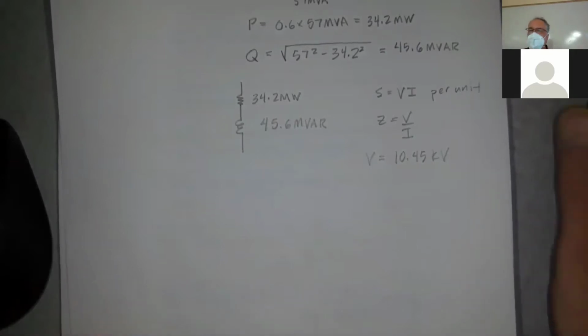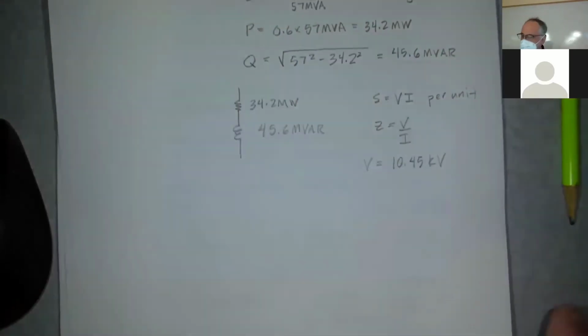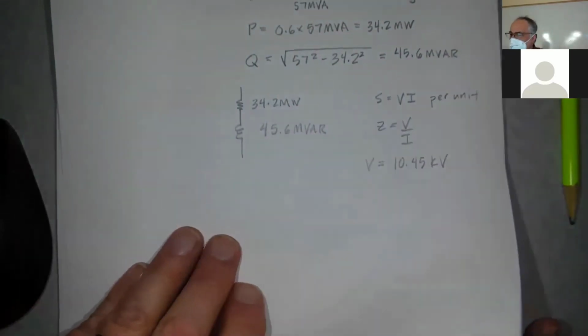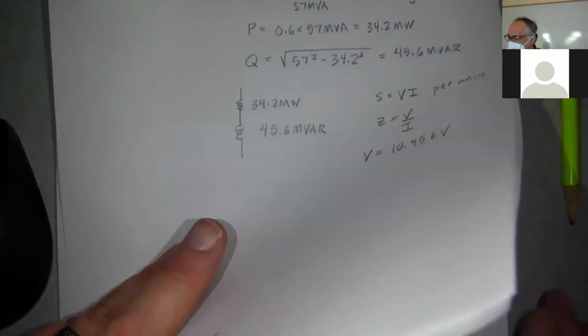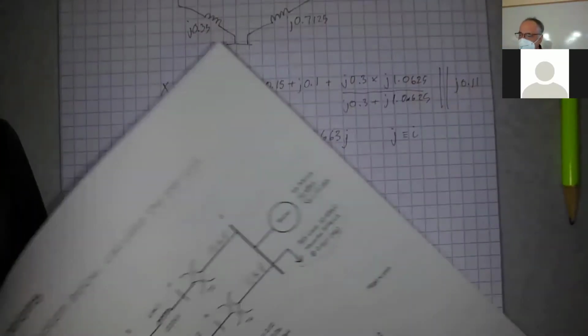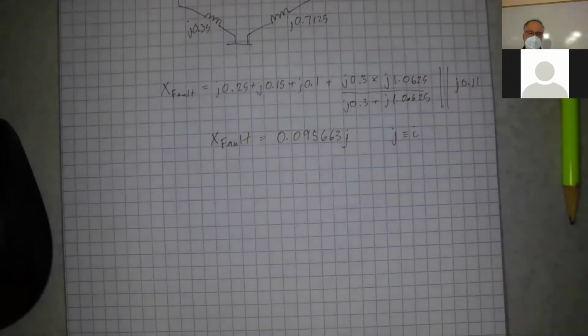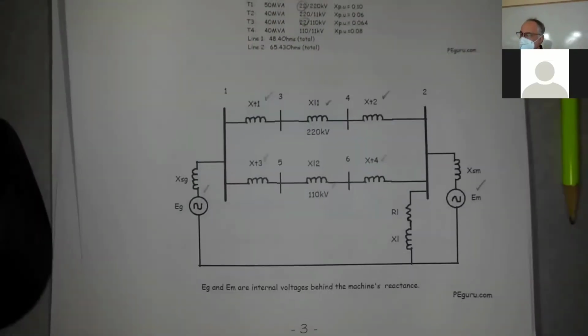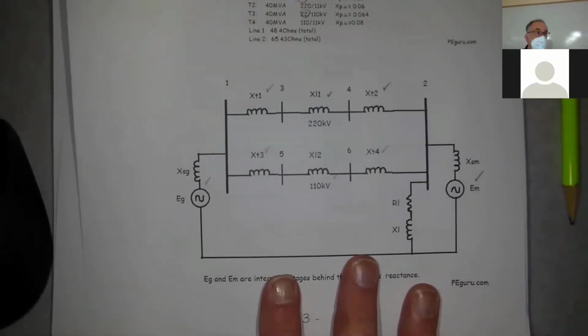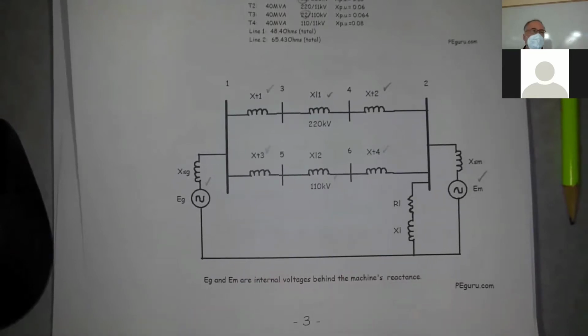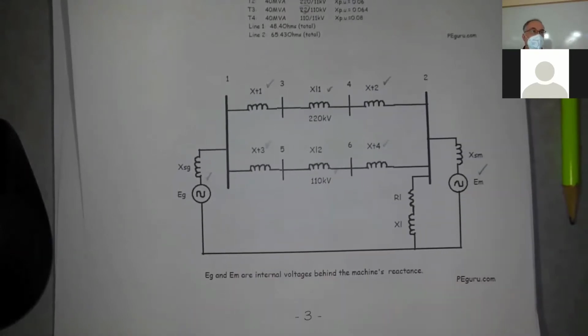Okay, we're almost out of time. So all we have to do is figure out that impedance. And we have this total system impedance, okay? And we can calculate faults on each part of the grid.